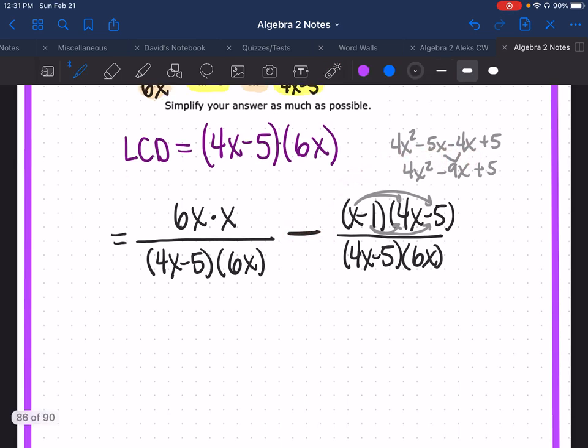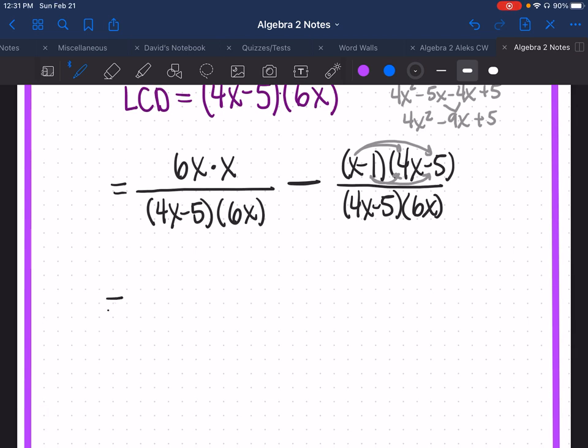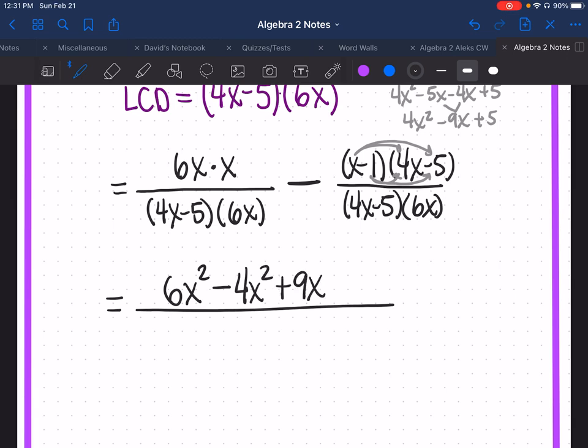So here we go. Let's start combining them all into one big fraction. 6 times x is 6x squared. Remember, we said it's going to be minus 4x squared plus 9x minus 5. We have to distribute this negative through to this whole polynomial. And then my denominator is going to stay like this.